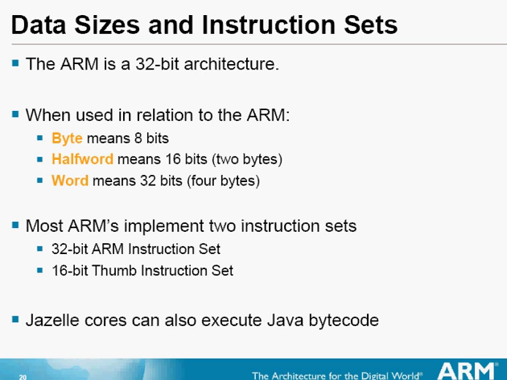It is totally different than other processors, where we say one word means 16 bits, half means 8 bits, but in terms of ARM, because ARM started with 32, one word is 32 bits, simply half word is 16 bits.